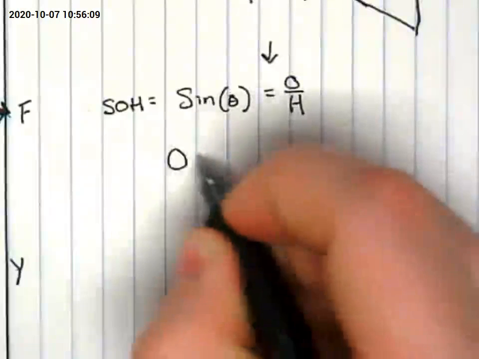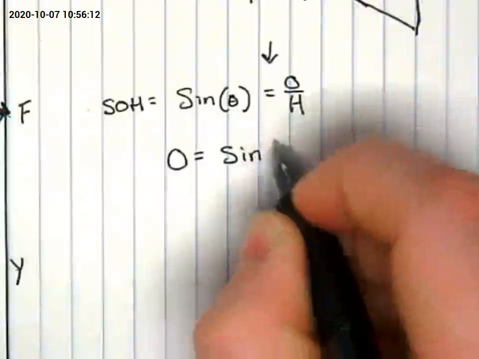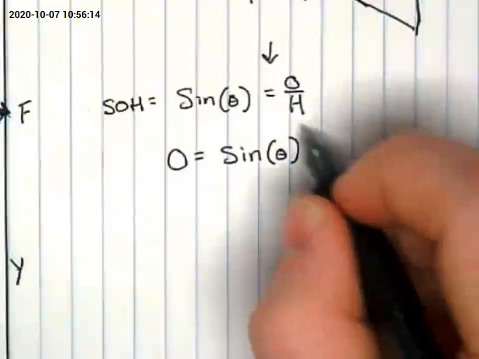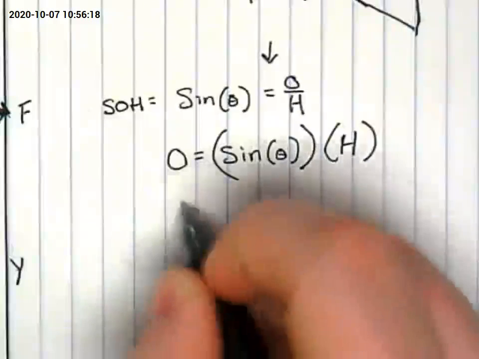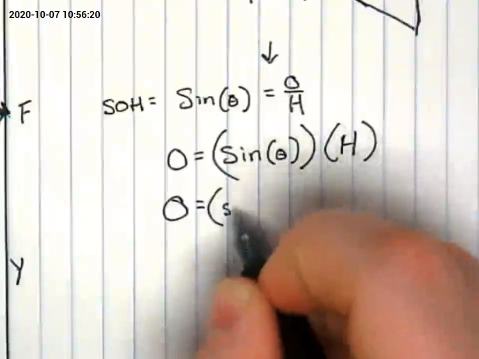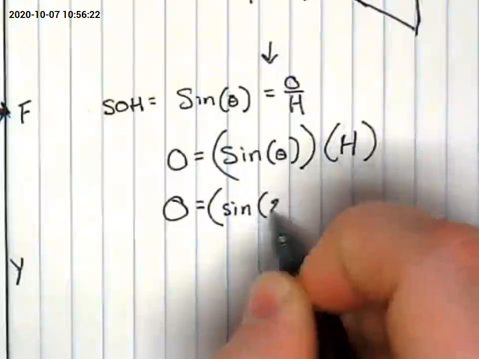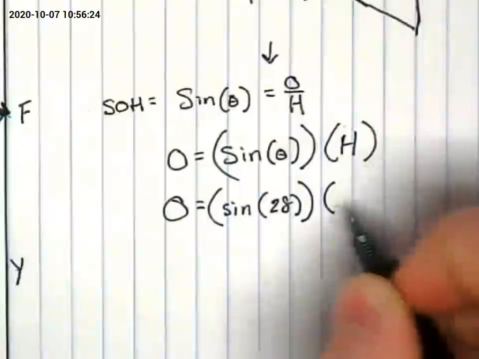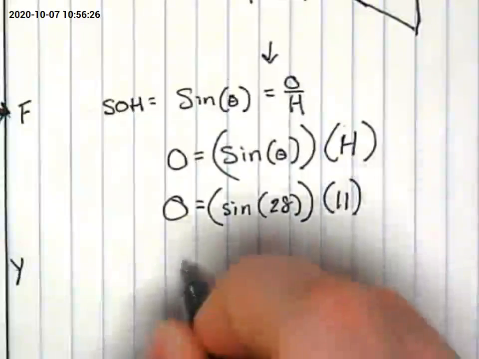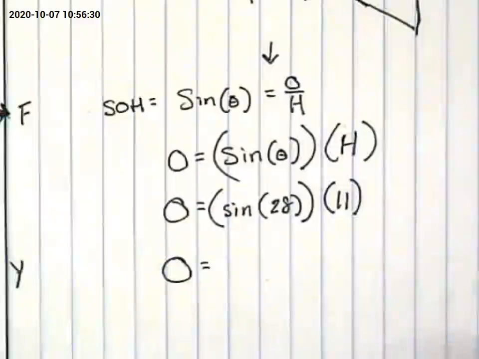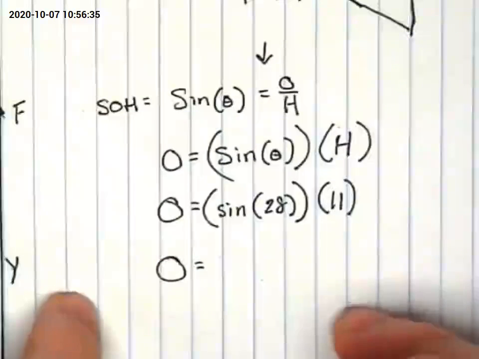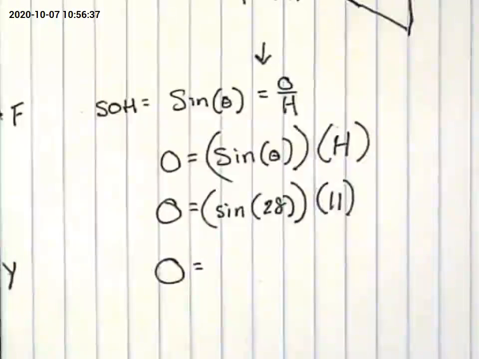So the opposite is equal to the sine of theta times our h, which is sine of 28 times h, which is 11. And our opposite here is going to be, let's see here, sorry, I thought I had this prepared, times 11.